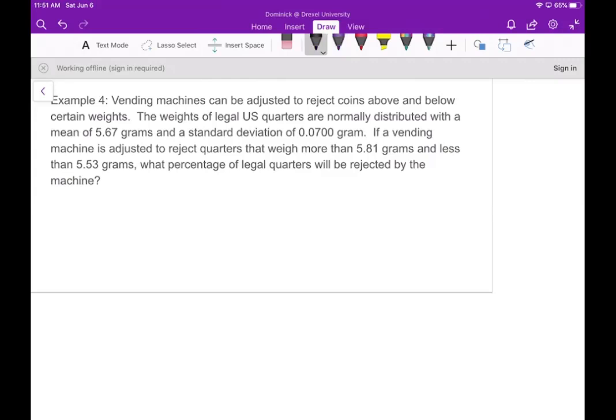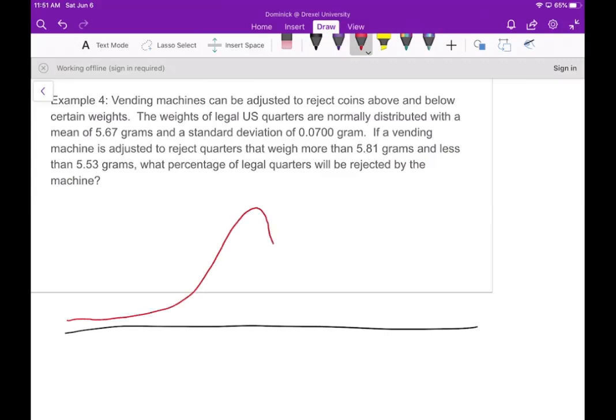Well, again, since we have a normal distribution and we're looking at percentages, we want to use our 68, 95, 99.7 rule. Okay, so the mean is 5.67. And since the standard deviation is 0.07, if I go up 1, that will be 5.74. If I go up 1 more, I'll get the 5.81.